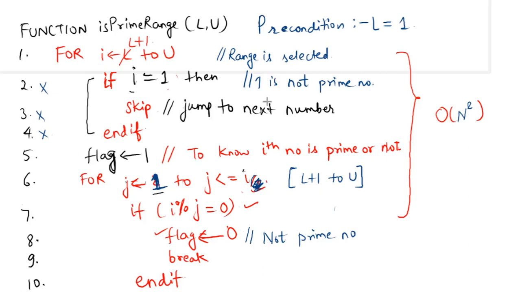So this is the optimized solution, but not an efficient solution. Is there any way to make it more efficient? That is done by using the Sieve of Eratosthenes method.